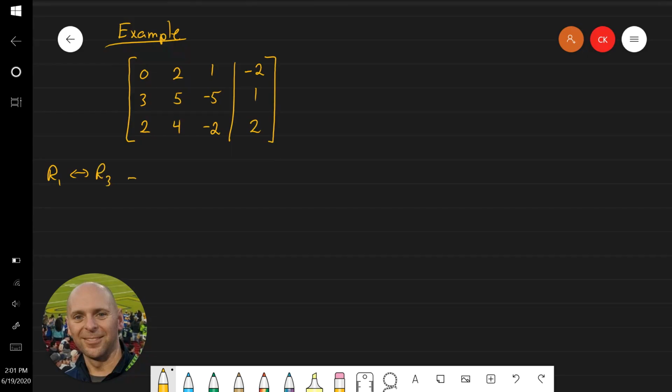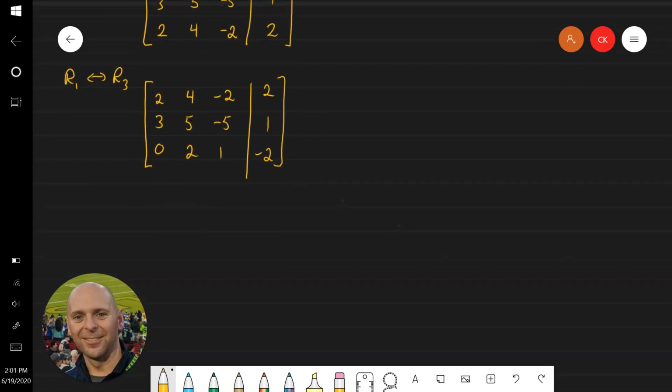So this is going to indicate that we want to interchange row 1 and row 3. So row 1 now becomes 2, 4, negative 2, 2. The second row is unchanged. And the third row is 0, 2, 1, negative 2. So simply swapping rows.